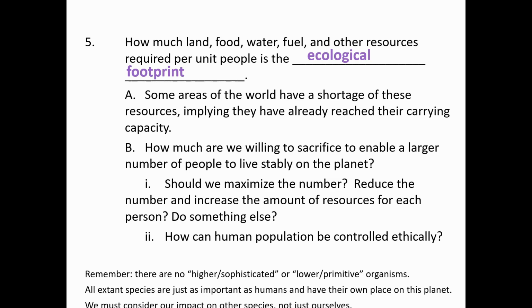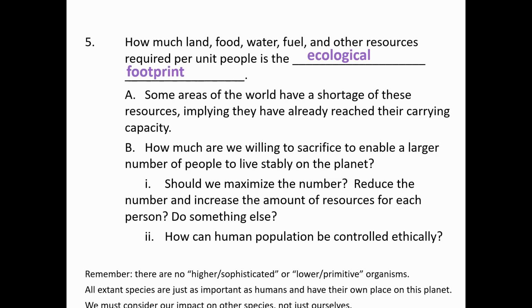We also want to look at the impact we have on other species. There's a lot of complexity to this situation as well, and when we ignore other species, we're treating ourselves as if we're in a vacuum. Remember, we're not in a vacuum, and we rely on other organisms for a lot of things, like medicines, for agriculture, and honestly just for being and feeling good about ourselves and feeling good in life.